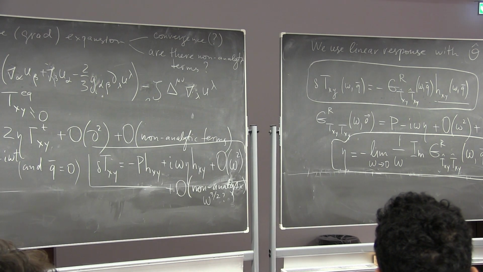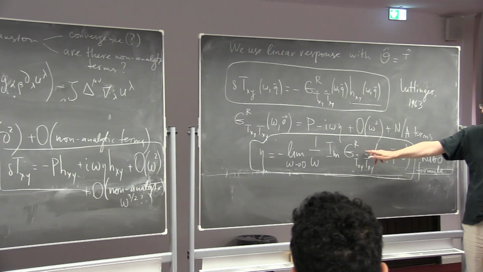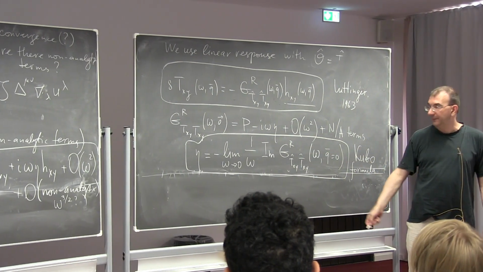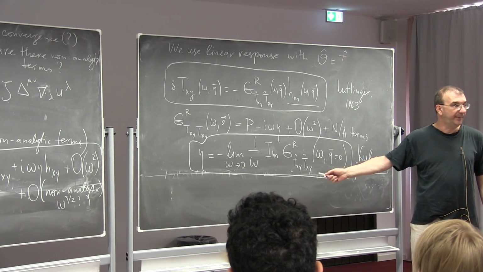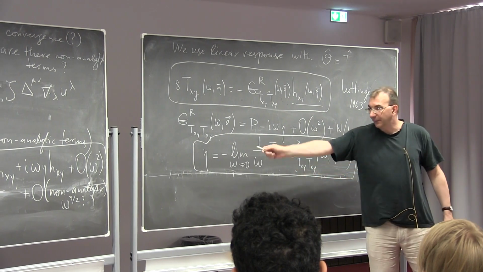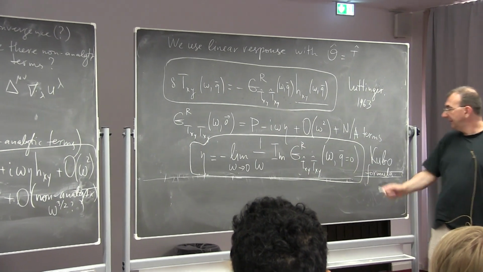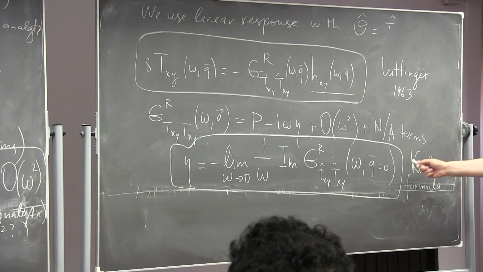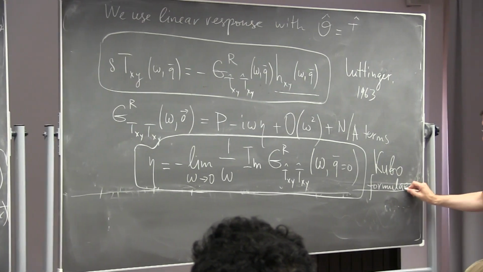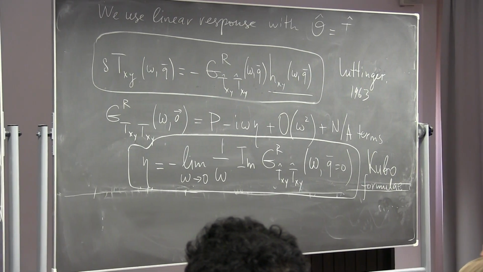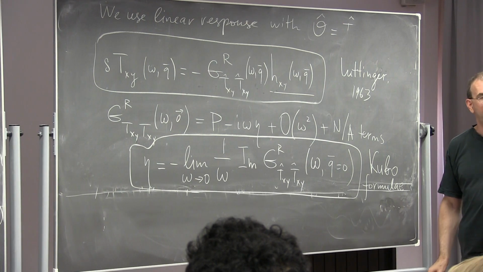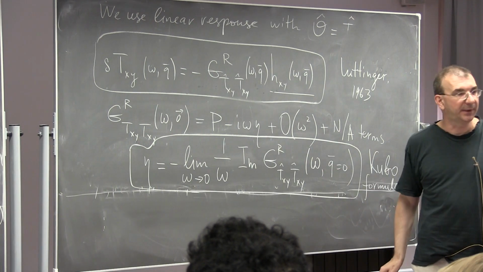Great. So this formula tells you that if I know a method of computing two-point functions, for example, of the energy momentum tensor in my theory, I know my viscosity coefficient. And I didn't say this, but this is known as the Kubo formulas, right? There are many of them, and there is a formula for each transport coefficient.